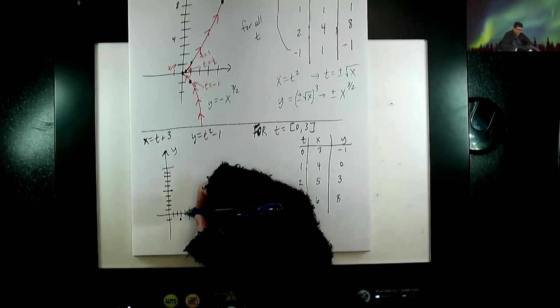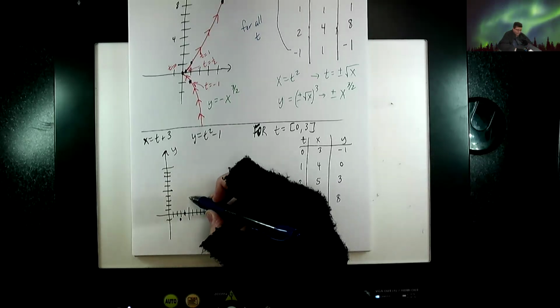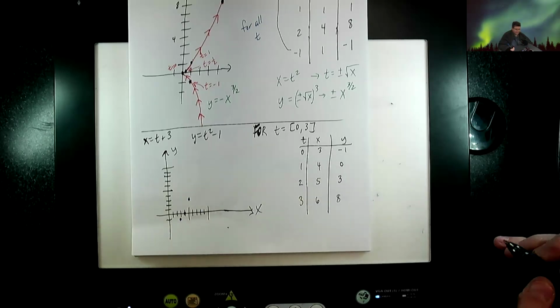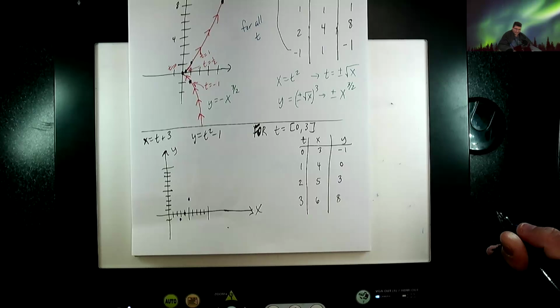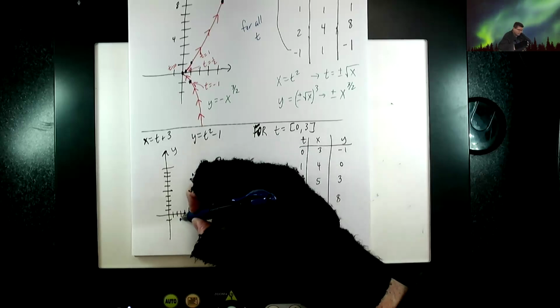So 3, -1. 4, 0. 5, 3. Ooh, not going in a straight line, is it? 6, 8 is up there.